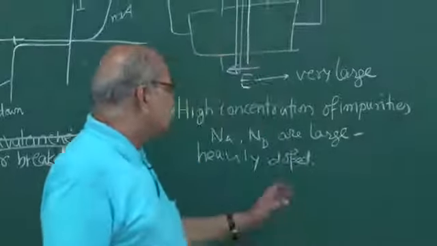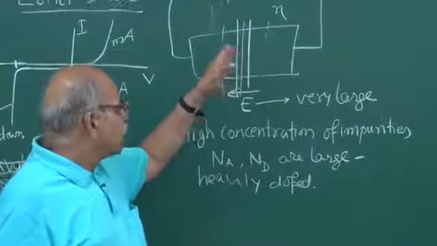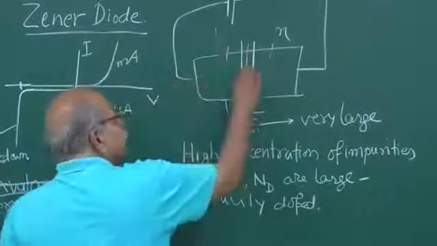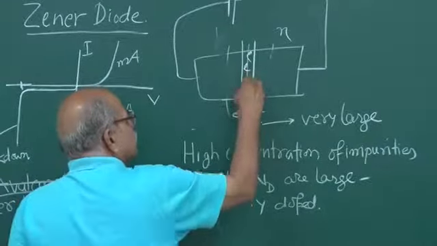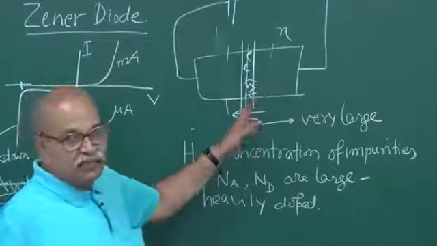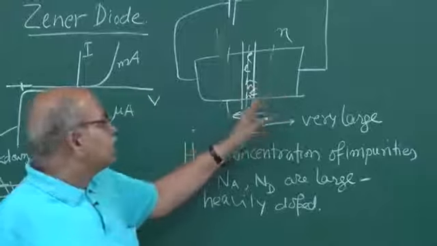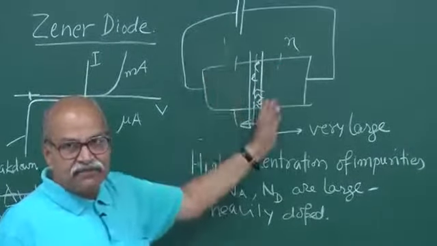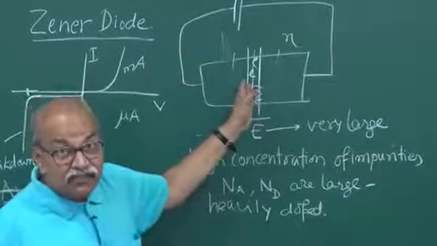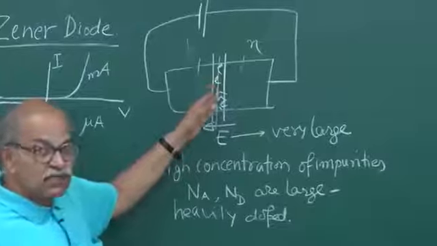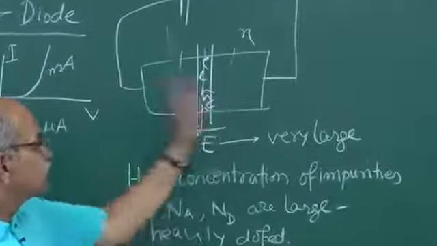So once this process starts, because of the strong electric field, electron-hole pairs are created in this region. And the moment they are created, remember this electric field is there to sweep them and give rise to current. So you can have current in the reverse bias which can be very large, because a lot of electron-hole pairs are continuously being produced, and the electric field here is sweeping them.